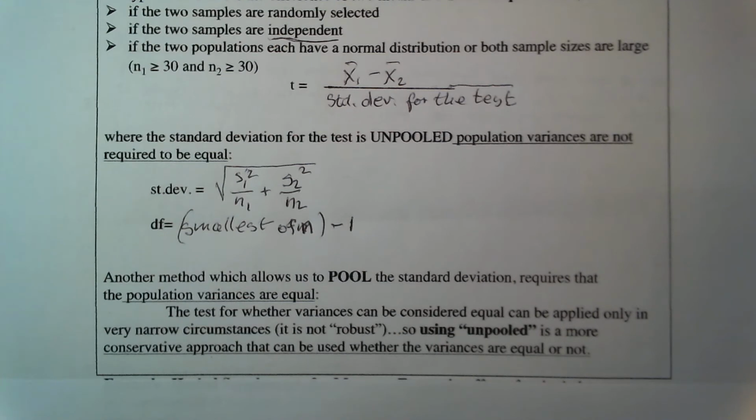And here's a heads up about pooling population variances: the test for whether variances can be considered equal can be applied only in very narrow circumstances. In other words, it is not robust. Using unpooled is a more conservative approach that can be used whether the variances are equal or not. And by the way, the variance is the square of the standard deviation. Just a little reminder.